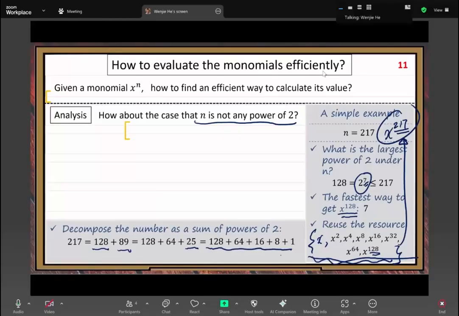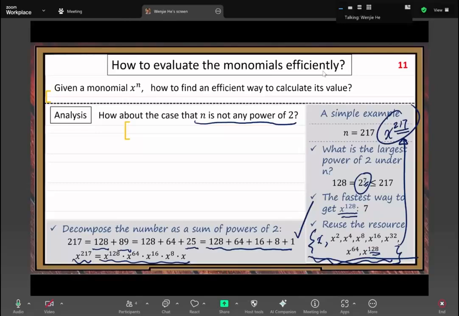After we get this decomposition expression, next we can write our destination expression as a product of our resource numbers. The first one, x to the 128th.